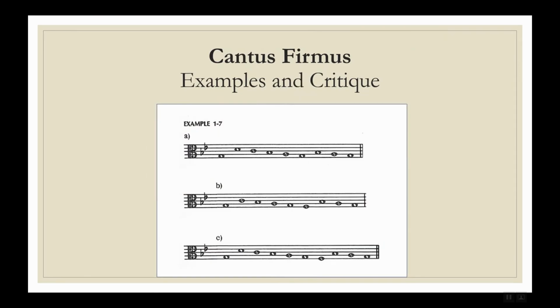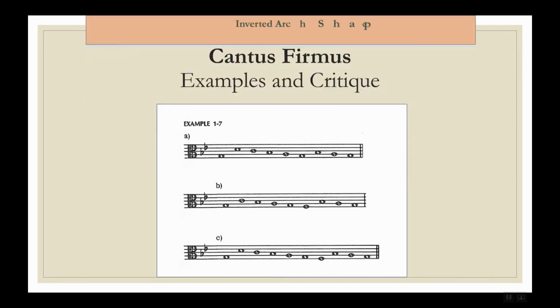So just 3 quick little arch forms. The inverted arch shape. What I mentioned before is that with most of your melodies, with your Cantus Firmus, when you're practicing these specific types of melodies, you're going to begin on the tonic, always. You want to alternate between leaps up and steps down. This is just guidance. You could do the opposite. You could leap down and step up, but then we want the arch shape, not the inverted arch.